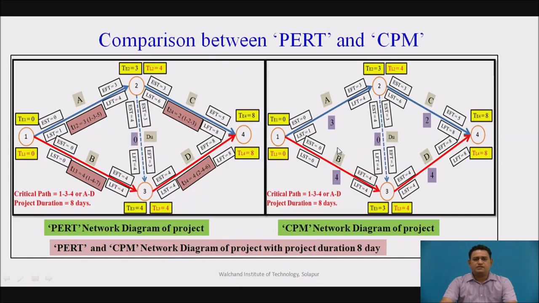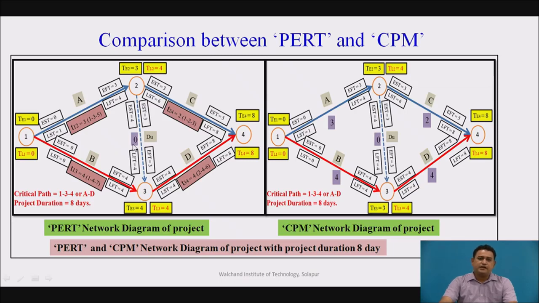Now, this is a comparison between PERT and CPM. There are 2 to 3 major points which are the difference between the CPM and the PERT. PERT is an event orientation type of network diagram, and CPM is an activity orientation type of network diagram. Here the slack is present in PERT, and here the float is present in CPM.